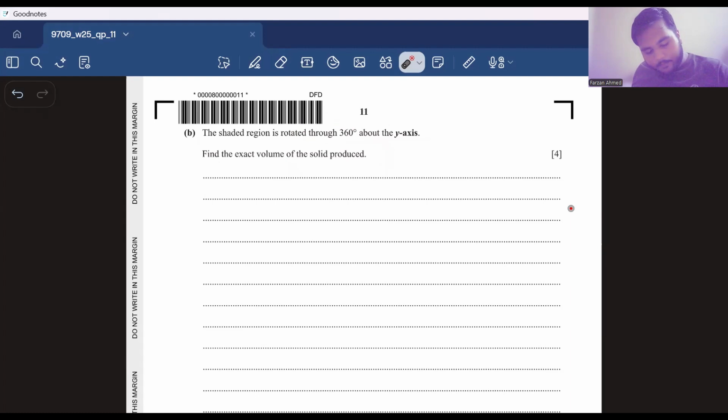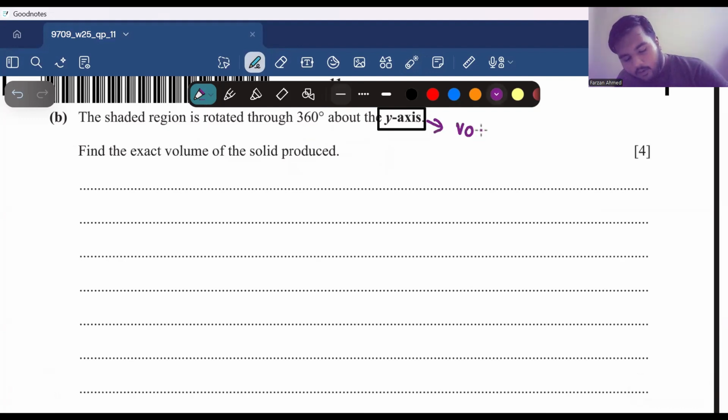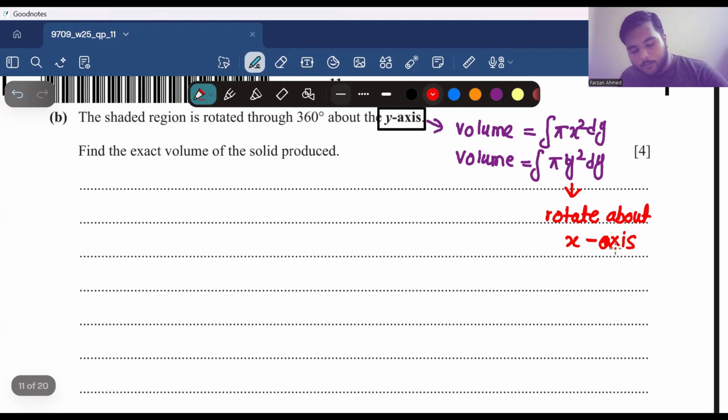So when we rotate about the y-axis, we have to know the volume formulas: volume is pi x square dy, and volume is pi y square dy when rotated about the x-axis.